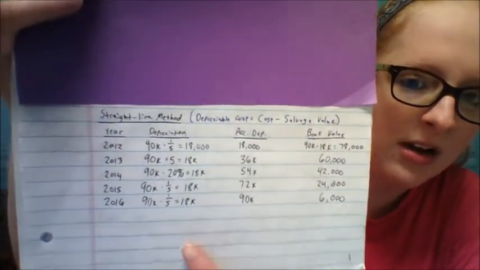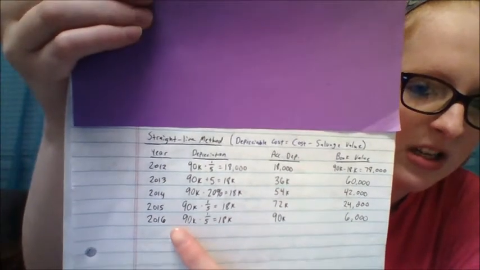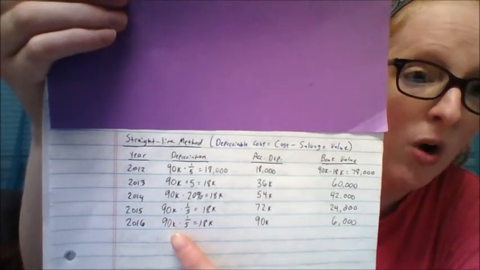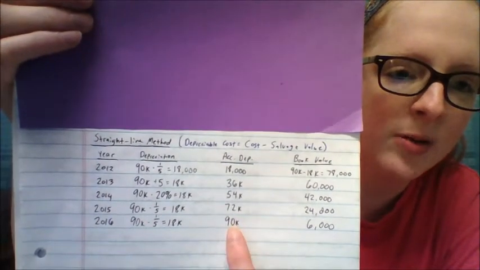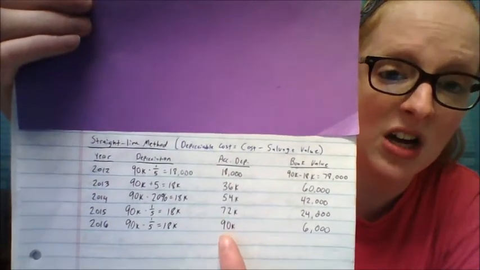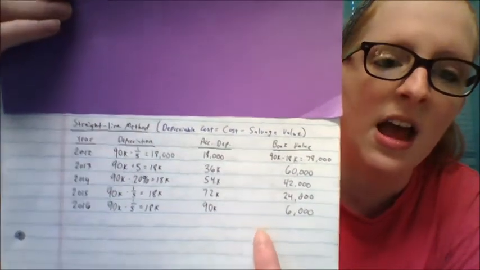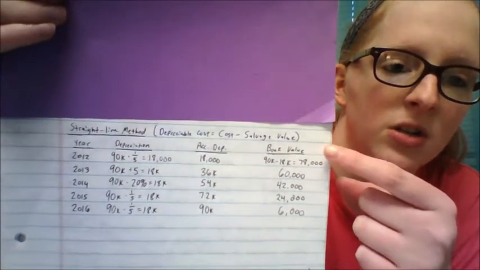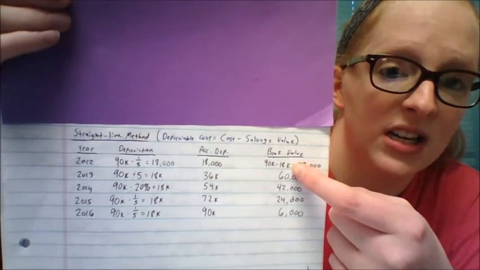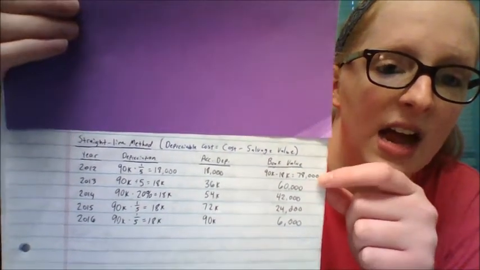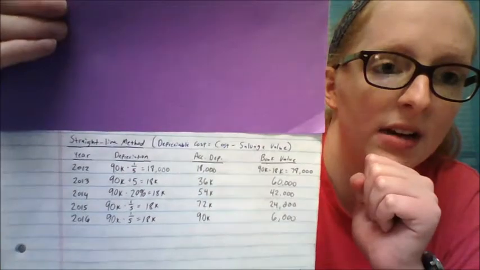You've got your depreciation, the depreciable cost multiplied by 1 over the useful life, and your accumulated depreciation increases $18,000 every year. And your book value is equal to your depreciable cost, subtract your accumulated depreciation, and every year you keep doing that.